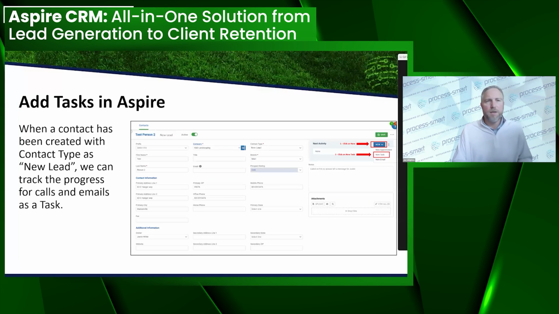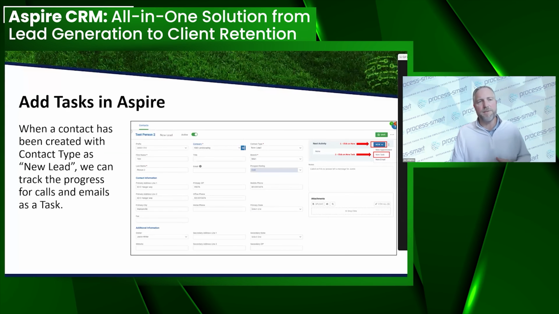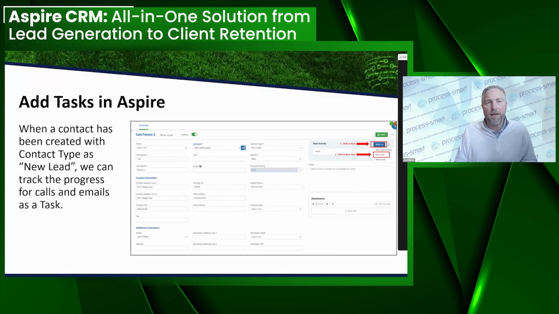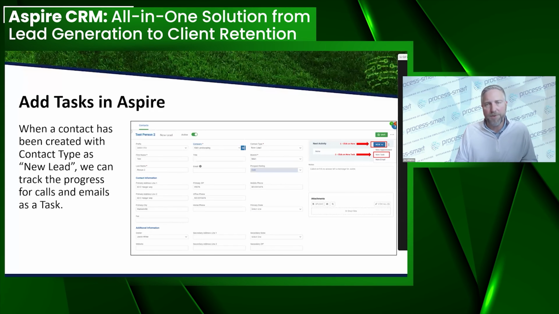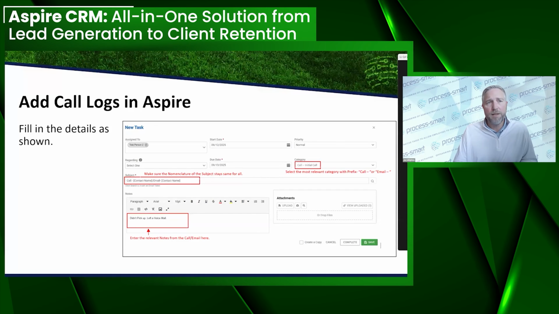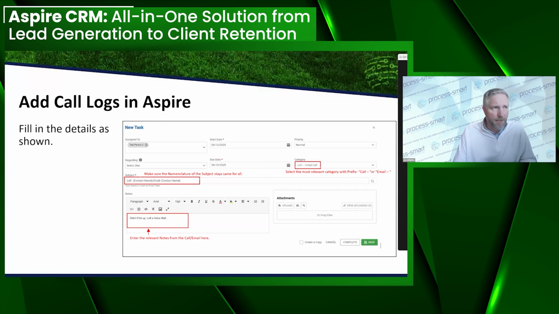And so when you have a new lead, we create that contact, and that allows us to track the progress of that new lead in Aspire for calls and emails, which we're going to log. So you can add call logs in Aspire. There's a subject line.